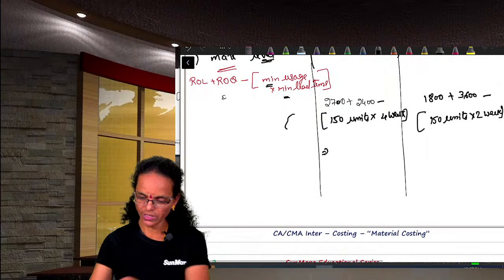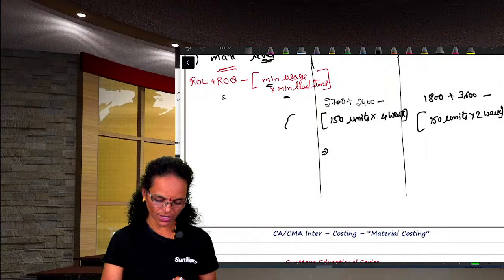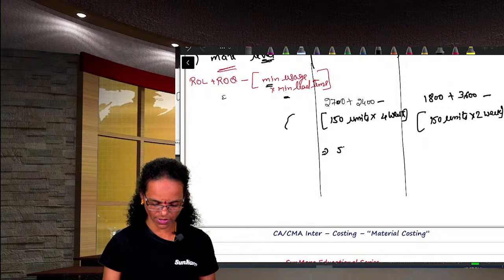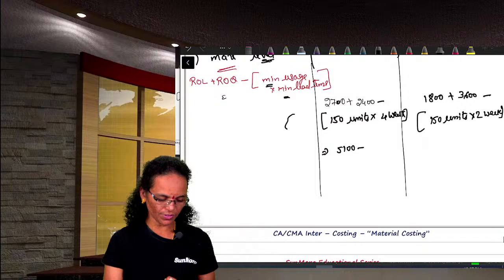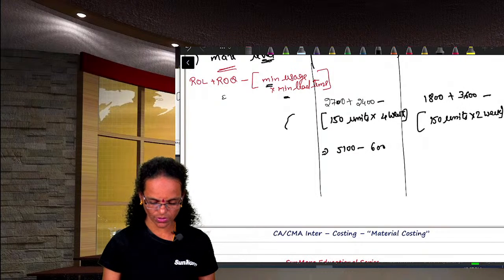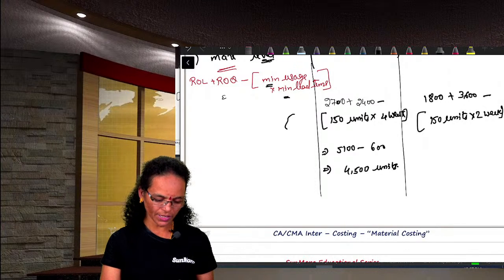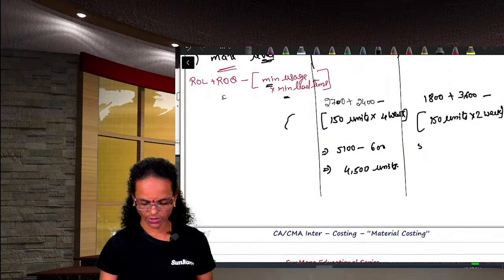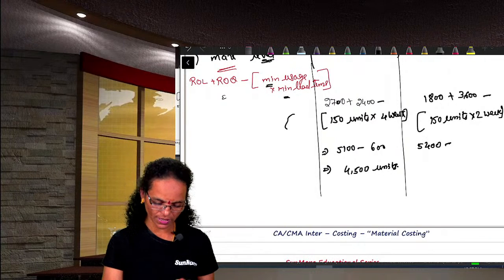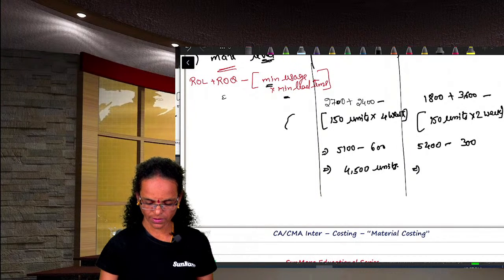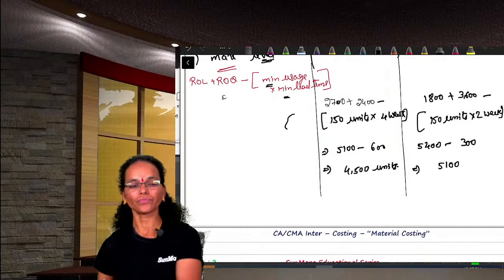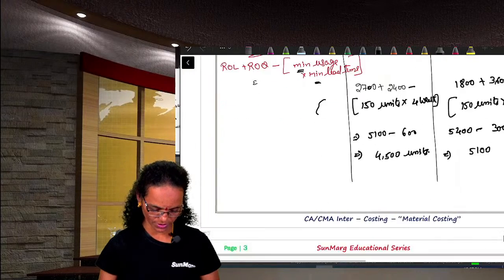So that is nothing but 2700 plus 2400, that is 5100, minus 150 into 4, 600, 4500 units. For B, 1800 plus 3600, that is 5400, minus 150 into 2 is 300, that is 5100 is the maximum unit.